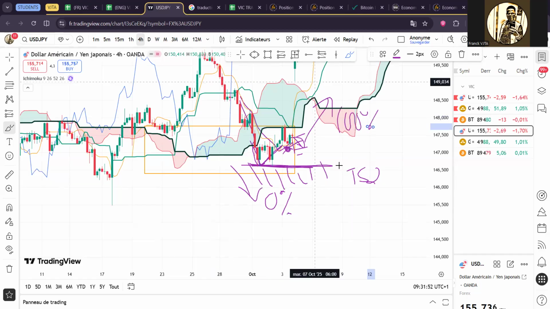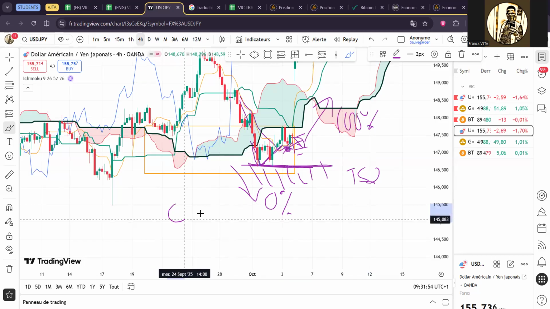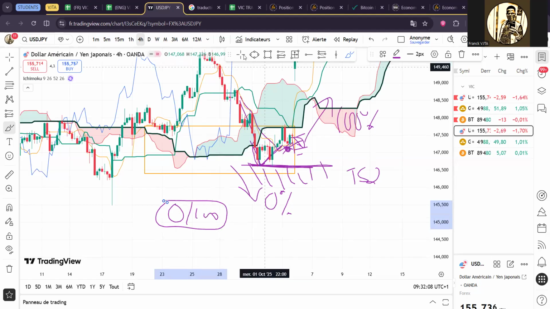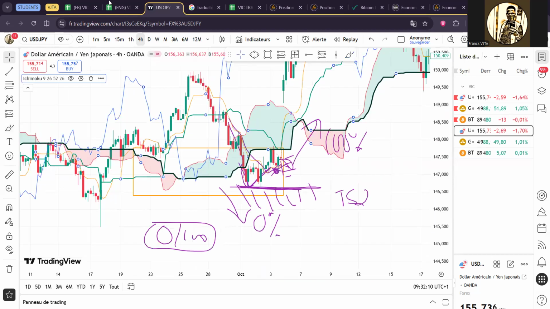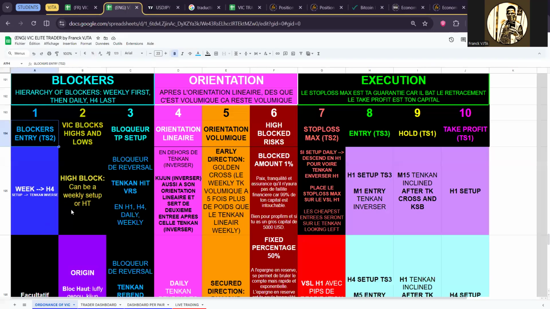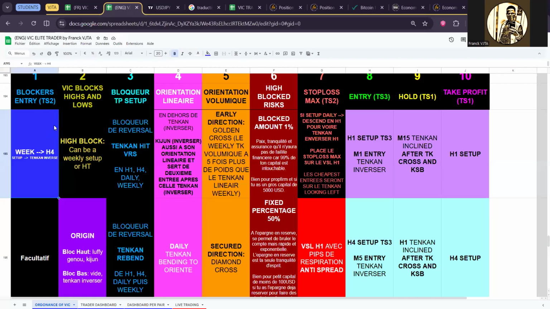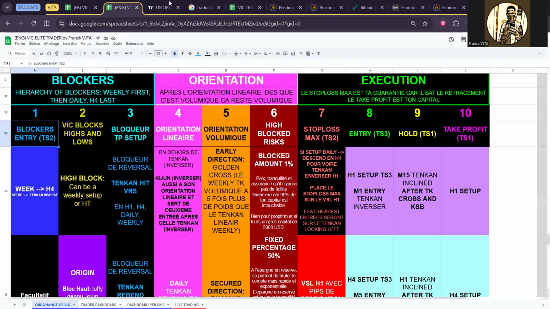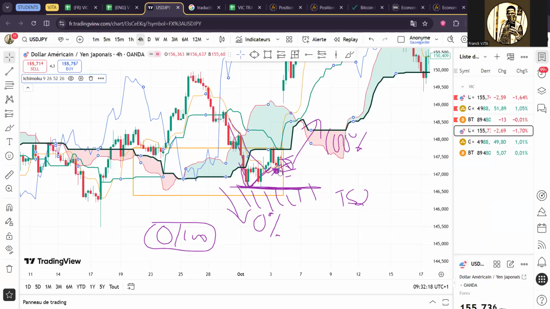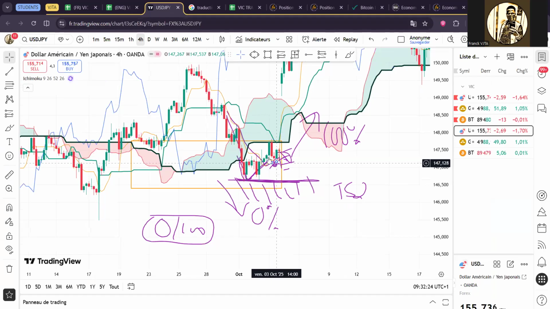That makes the forex market a 0 to 100% game style. It's not a 50-50. That's why it is a blocker. I'm doing all of this just to explain why it is a blocker. You can start entering here on 4 hour.